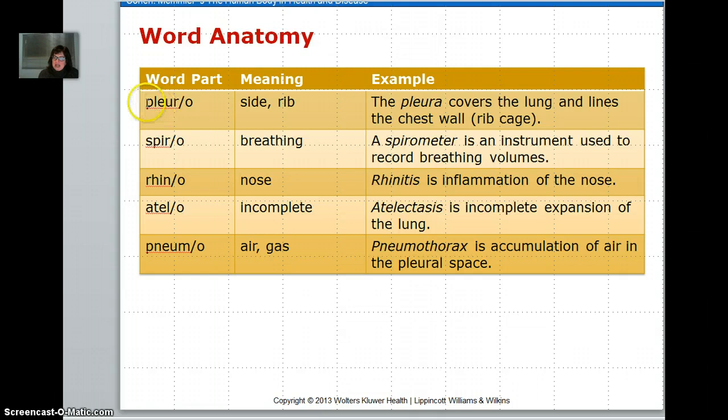When we look at our lung anatomy, we have pleura. The pleura cover the rib cage. These are membranes. You have spiro. This has to do with breathing. So a spirometer measures the breathing volumes. Rhino has to do with your nose. So rhinitis is the inflammation of your nose. Rhinoplasty is a nose job.